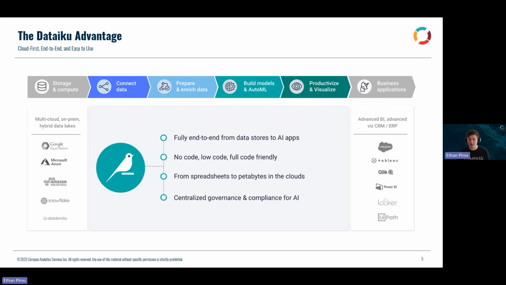From there, Dataiku excels at performing any last ETL and data prep before building and deploying your AI and ML models. And all of this is done in one platform with centralized governance. Finally, the output of your AI and ML models and projects can be seamlessly connected to all your end user business applications, such as Tableau and Power BI.